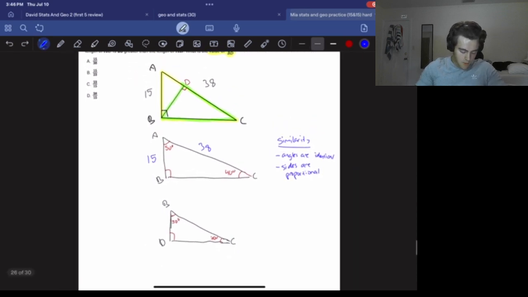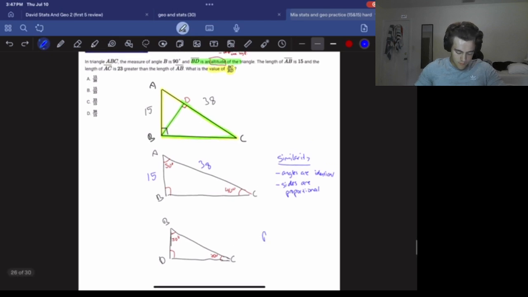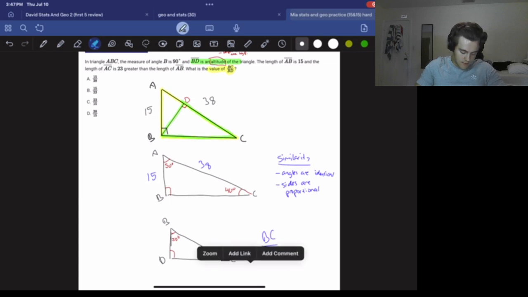Okay, so if these two triangles are similar, then, because we're looking for BC over BD, right? This is the question they ask us. BC over BD, that's these two sides right here. BC over BD is going to be equal to AC over AB, right?